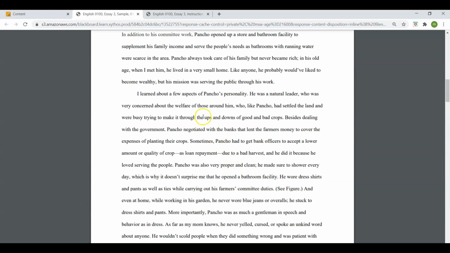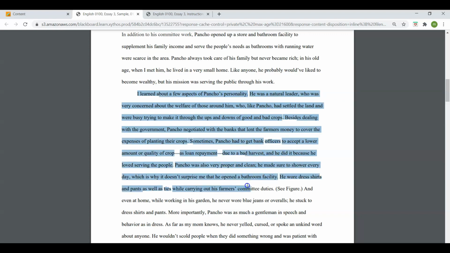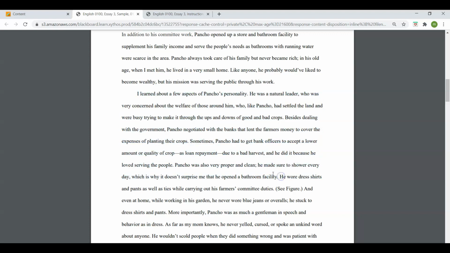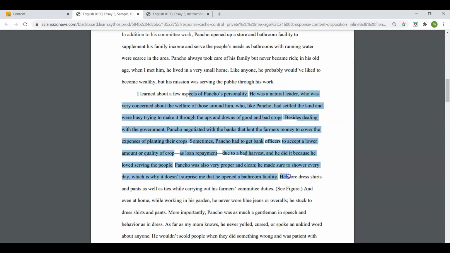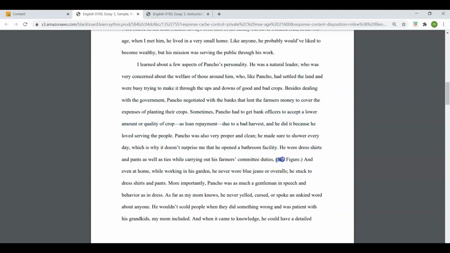In my second body paragraph, I say here that I learned a bit about Pancho's personality. Then I talked about his personality, things he liked to do and things he liked to say and what he was like and all that. I come to a sentence that says he wore dress shirts and pants as well as ties while carrying out his farmer's committee duties. He was very formal the way he dressed. And I thought this would be the perfect place to say see figure.